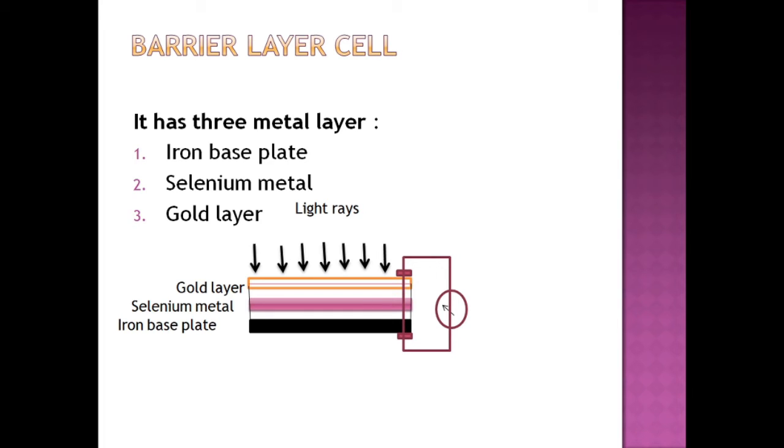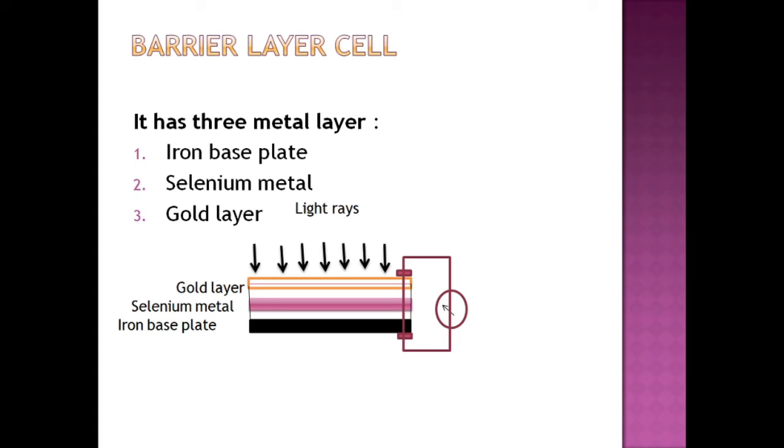The amount of current produced in a barrier layer cell will be proportional to the radiation hitting the detector.